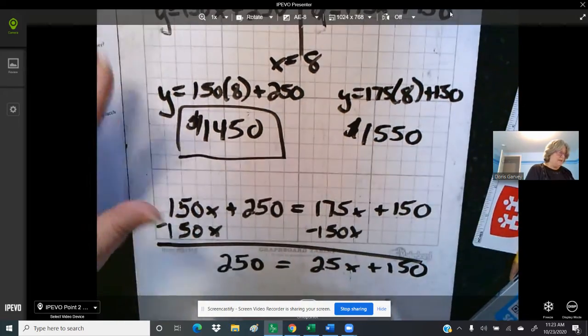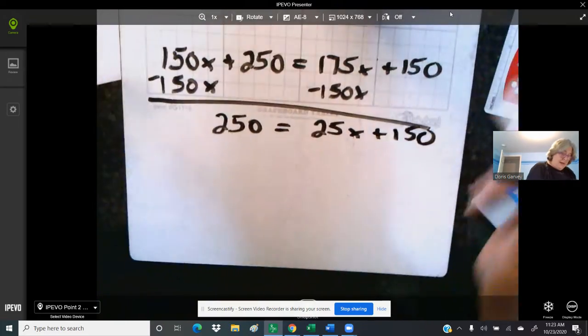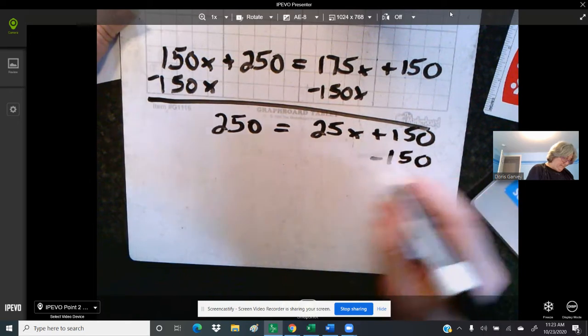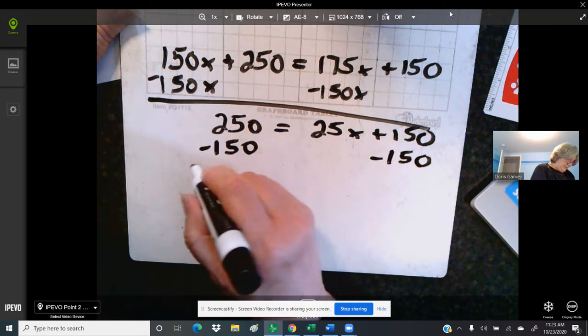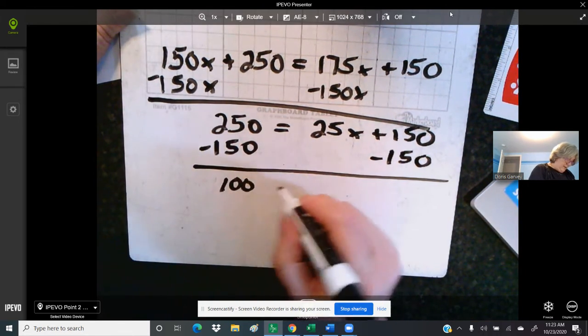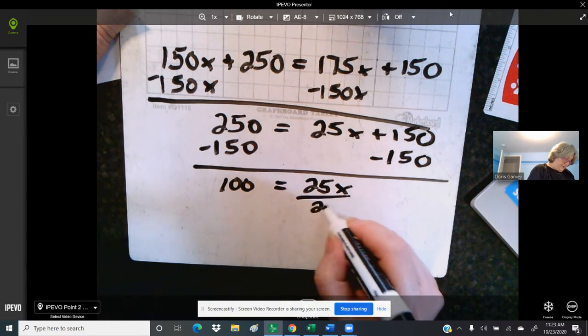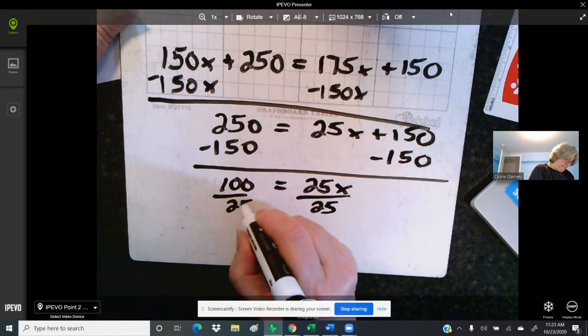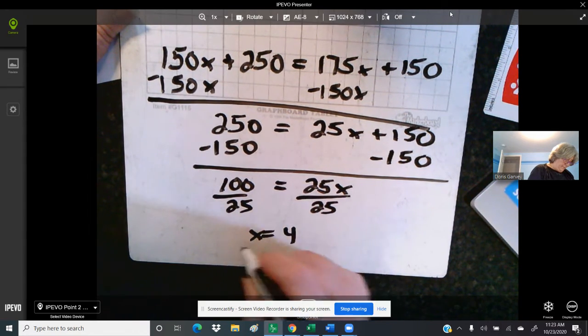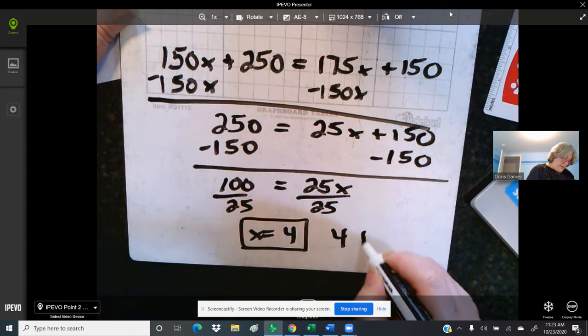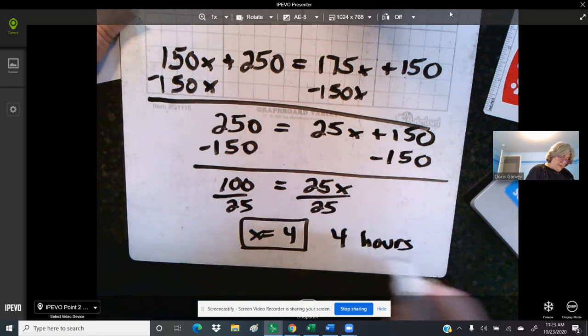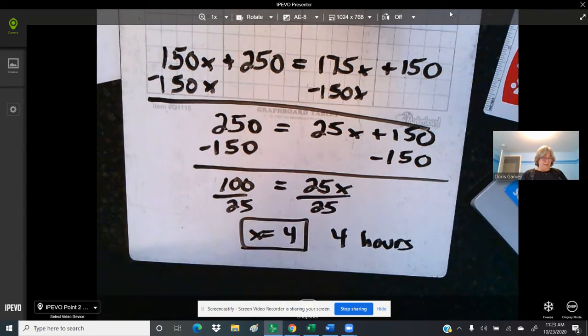Now I'm going to subtract 150, and so I'll have 100 equals 25x. And I'm going to divide by 25, and I get x equals 4. So at 4 hours, these guys would be charging exactly the same amount of money. I hope this helps you.